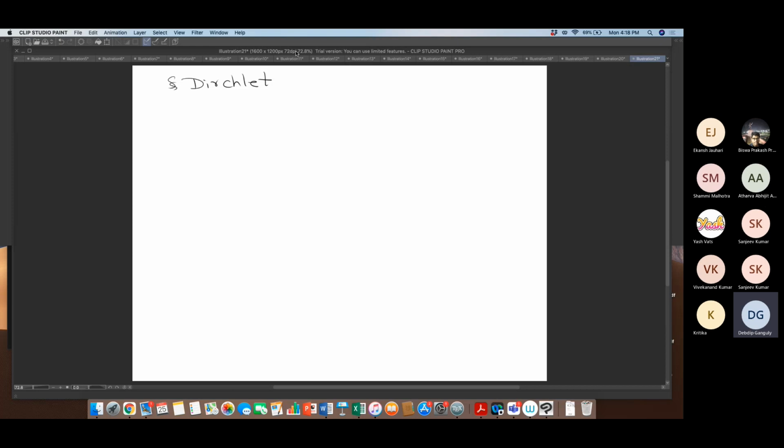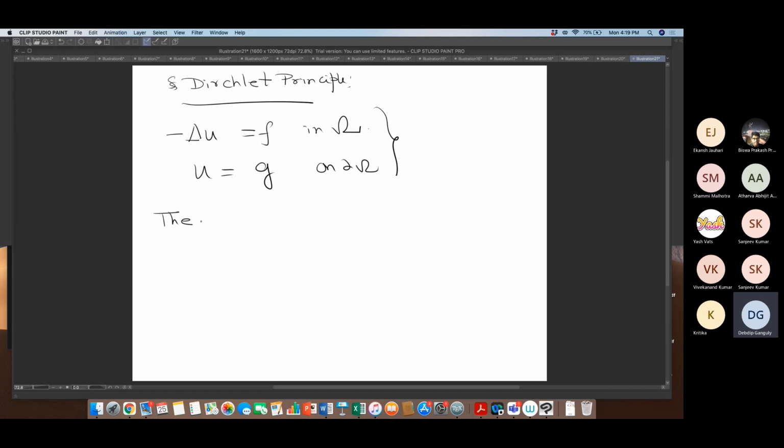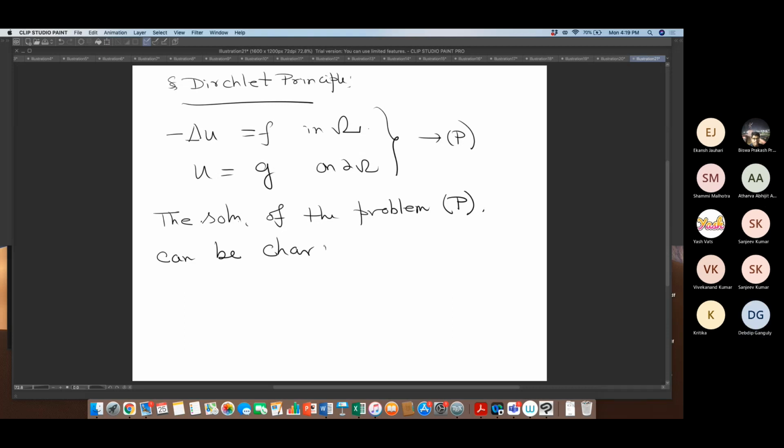The Dirichlet principle is that the solution of minus Laplacian u equals f in omega, u equals g on del omega, the solution of the above problem P can be characterized as the minimizer of an energy function.